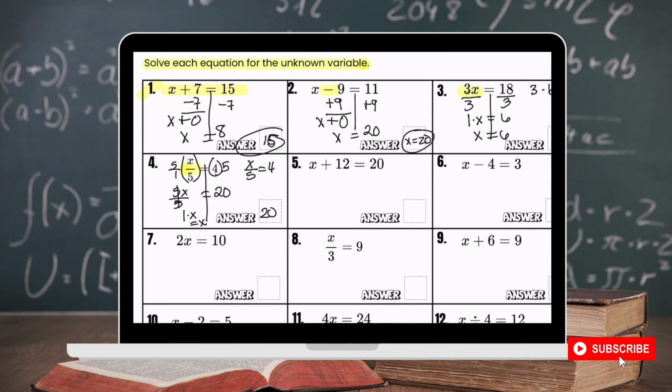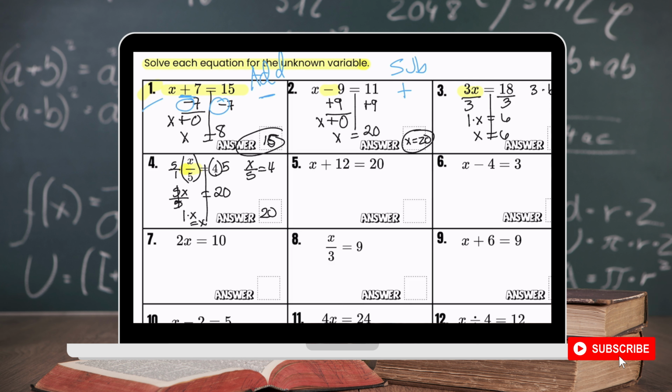So we just did an example for each operation. Here we did addition. The problem had addition to start, so the inverse operation of addition means that we subtracted. So we subtracted on number 1. For number 2, we had x minus 9. So for subtraction, our inverse operation is addition.